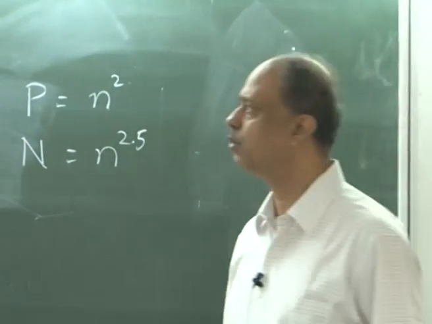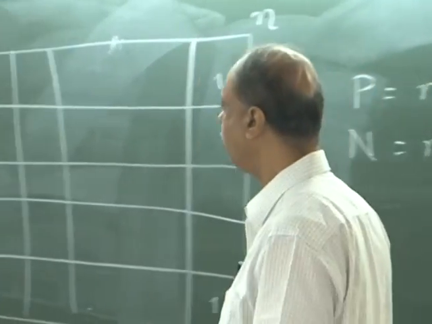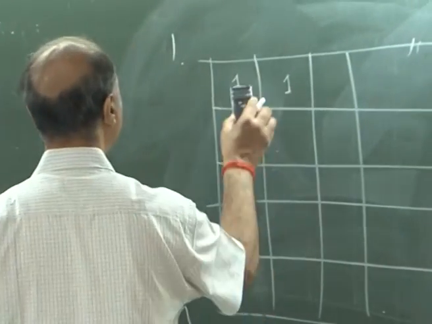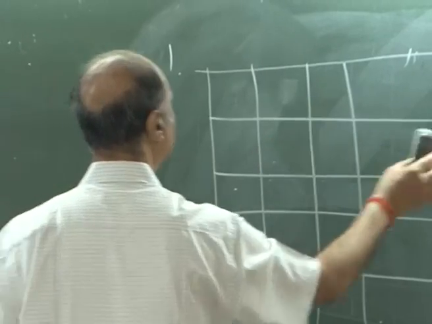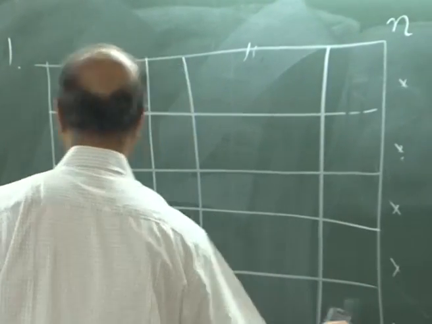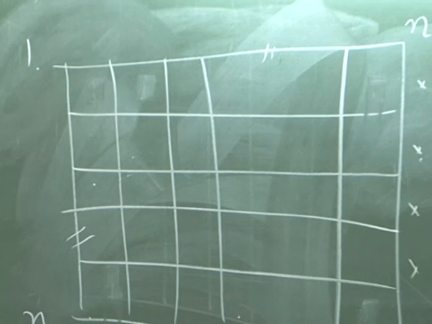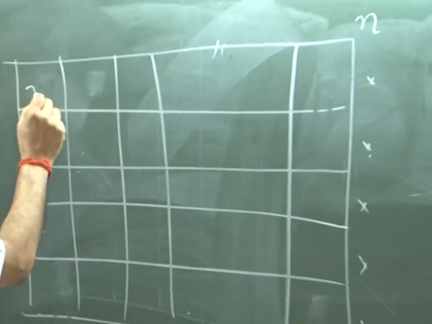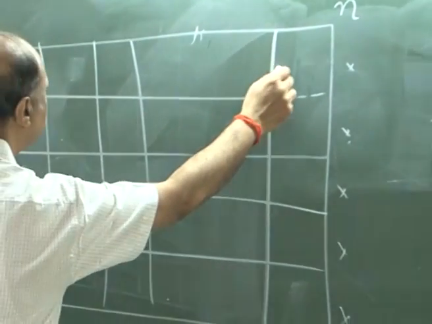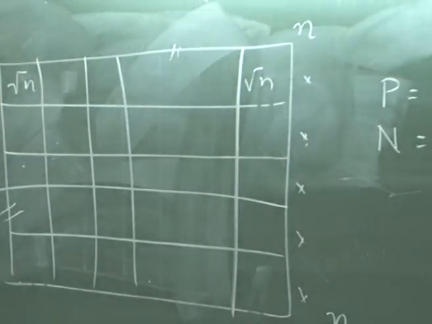What we do is distribute these n to the power 2.5 elements among these n square processors such that every processor contains square root of n elements.